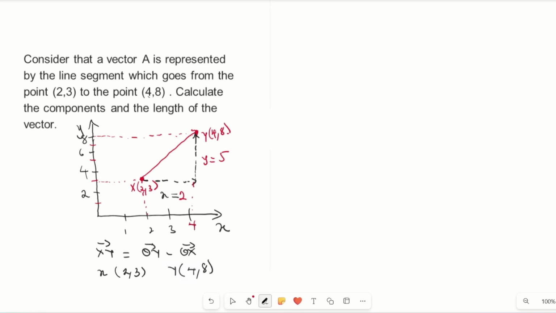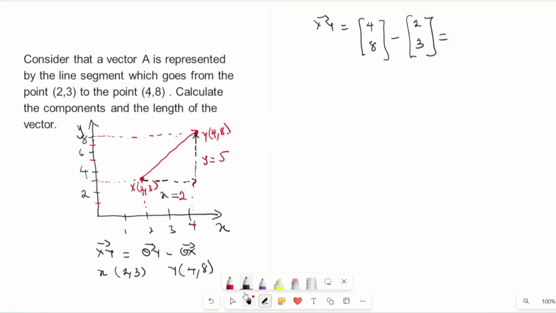So we can write xy as a vector to be equal to oy in terms of vector: our 4, which is our x part, will be at the top, and our 8, which is our y part, will be down, minus ox, which is 2 and then 3. Let's see if it gives us the same values as when we looked at it in the coordinates. 4 minus 2 gives us 2, and 8 minus 3 gives us 5. So the first part of the question, which is asking us to find the components, we have seen as 2 on the x-axis and 5 on the y-axis.